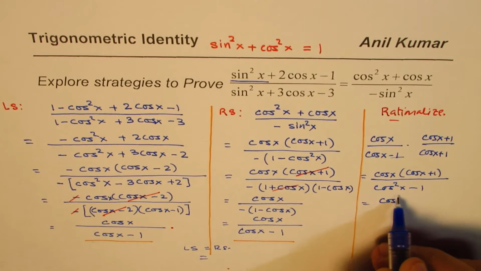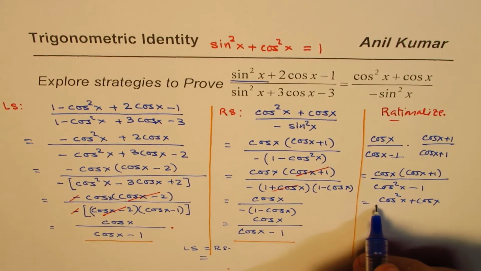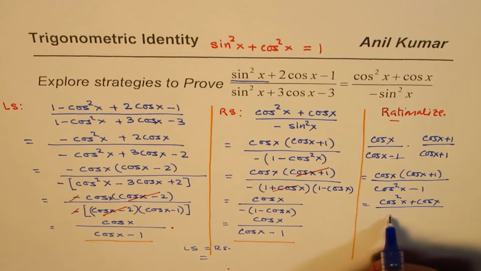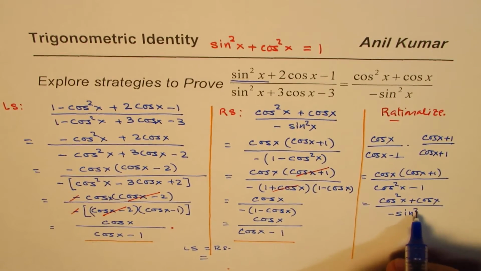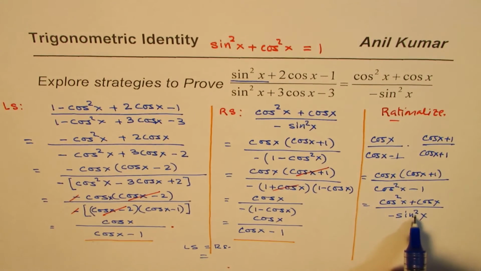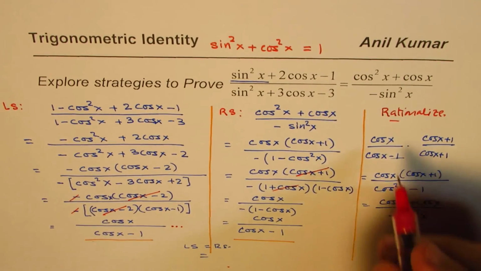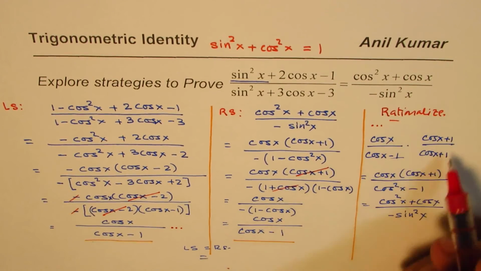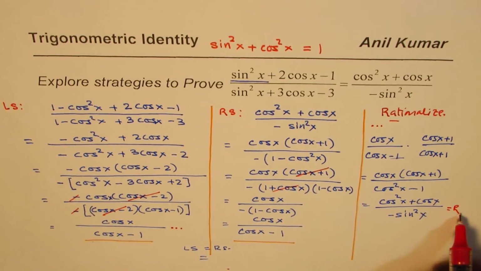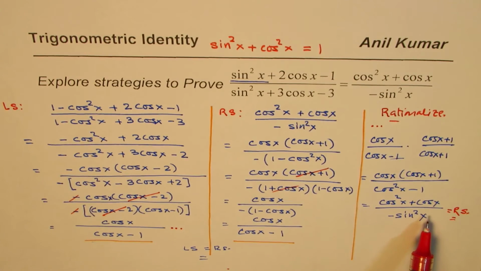It gives you cos²x plus cos x, which is the same as the numerator on the right. And cos²x minus 1 is minus sin²x. So from here, you could rationalize and say this is equal to the right hand side, starting from left and reaching the right. That is another option for you.